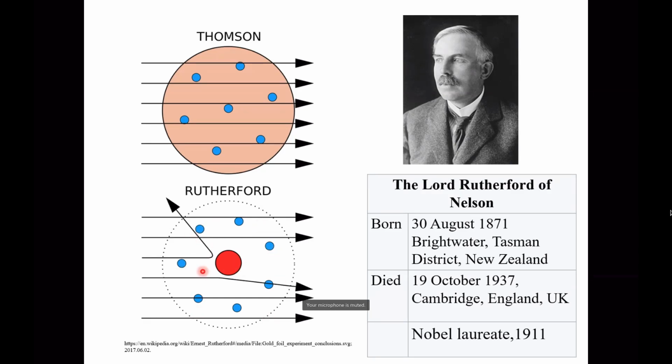So this conclusion was made because of a very simple experiment. He took positively charged alpha particles and directed them to the atoms. And the particles changed the trajectory, changed the direction of flight, and became reflected back.